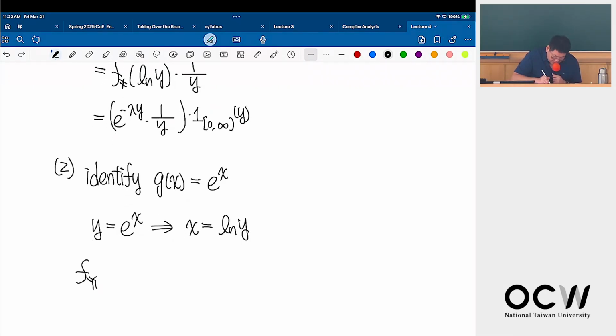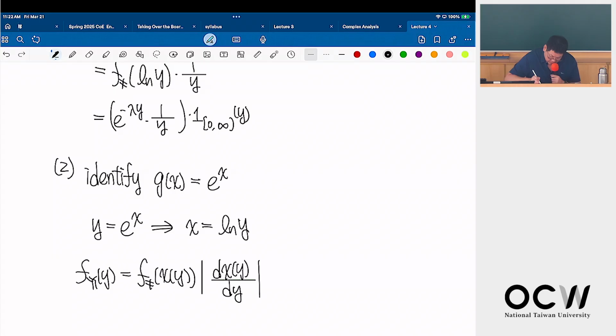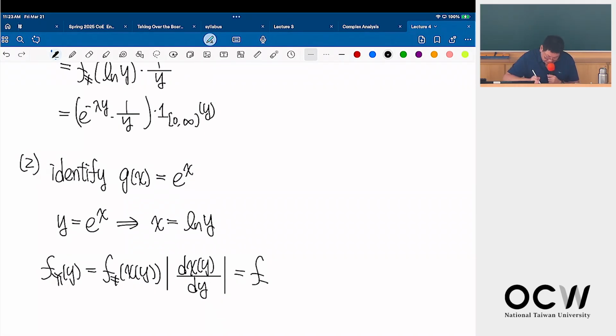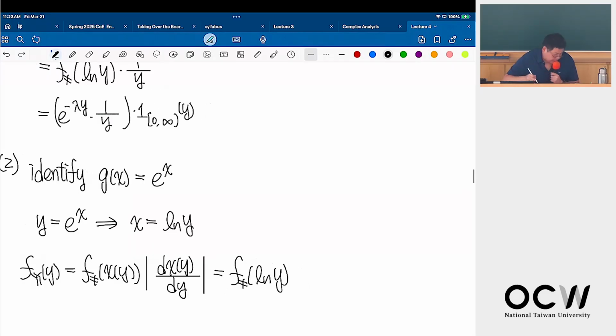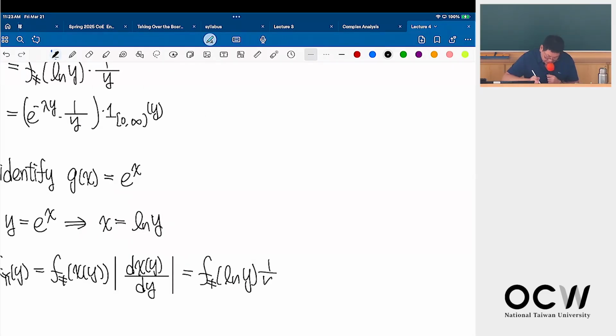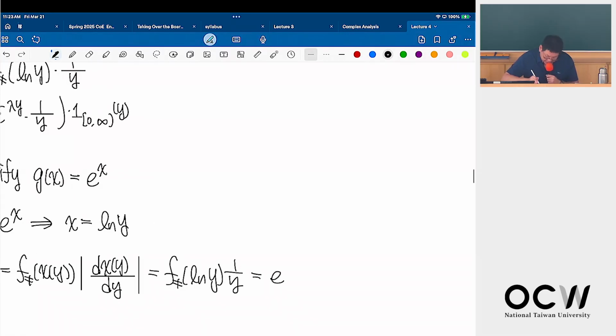And then your PDF of y will be your PDF of x of y times dx/dy. So that's f of x at natural log y times 1 over y. That gives you e to the minus lambda y, 1 over y times the indicator function.